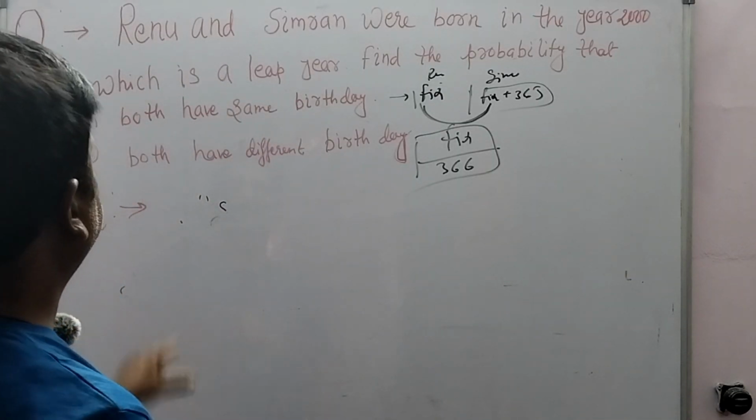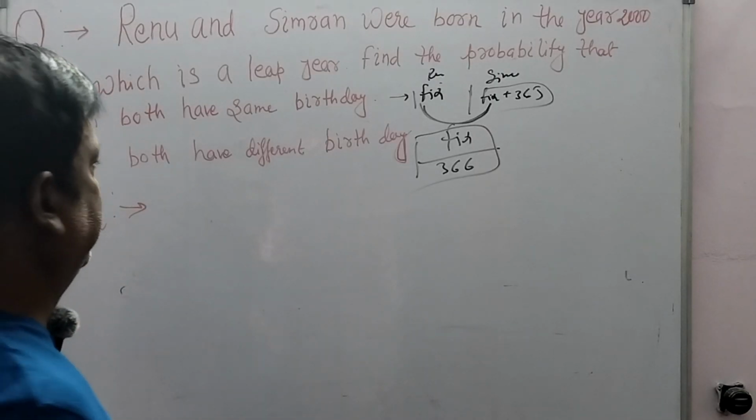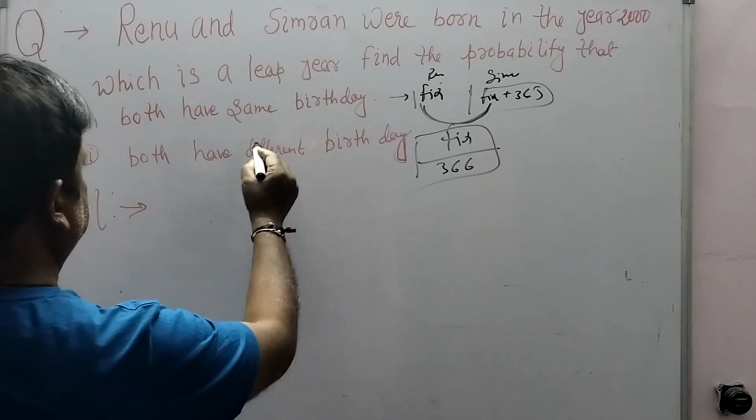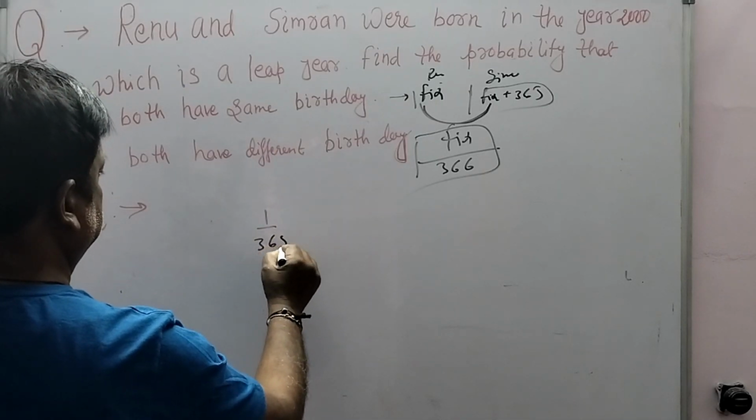The next question asks for both having different birthdays. The first probability is 1 by 366.